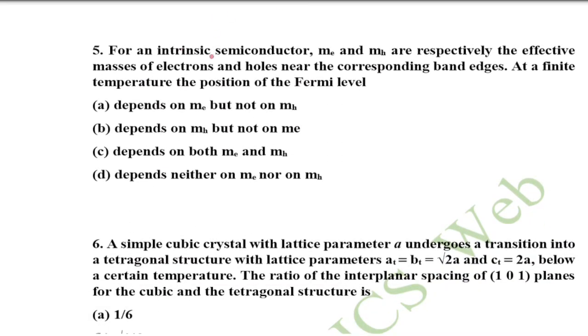Next, for an intrinsic semiconductor, m_e and m_h are respectively the effective masses of electrons and holes near the corresponding band edges. At a finite temperature, the position of the Fermi level.